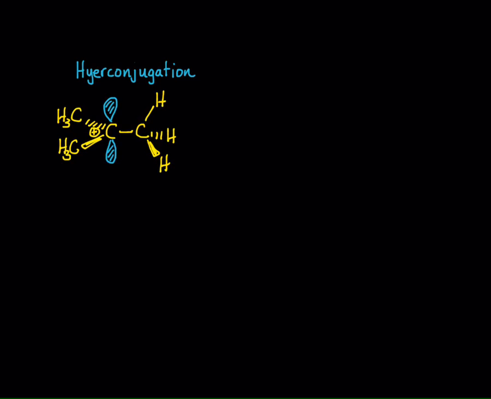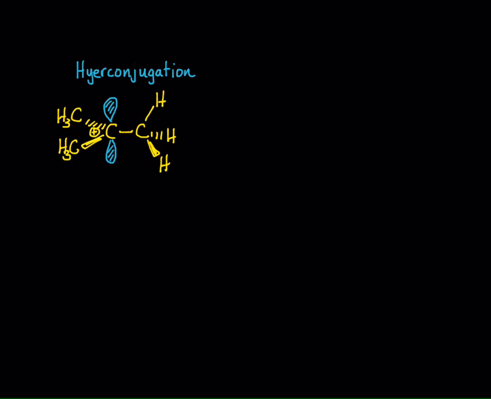And if we think about what's going on in this molecule through a sigma bond, I have free rotation, and at one point in that rotation I have an eclipsed conformation of the carbon-hydrogen bond with the empty p orbital of my carbocation.